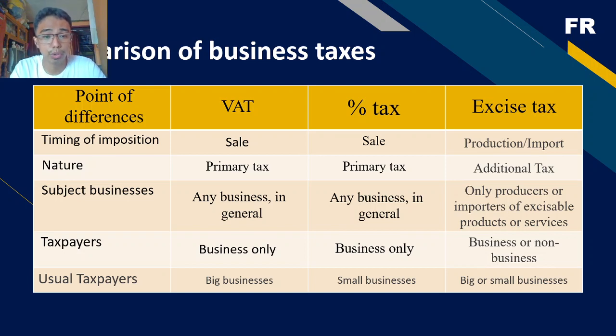So imaginein mo, yung mga above 550,000 yung gross annual sales or receipts. So if a business has above 550,000, then it is considered to be a big business. While percentage tax, yung mga usual taxpayers naman nito is yung mga small businesses lang. So those businesses that have below 550,000 gross annual sales or receipts.